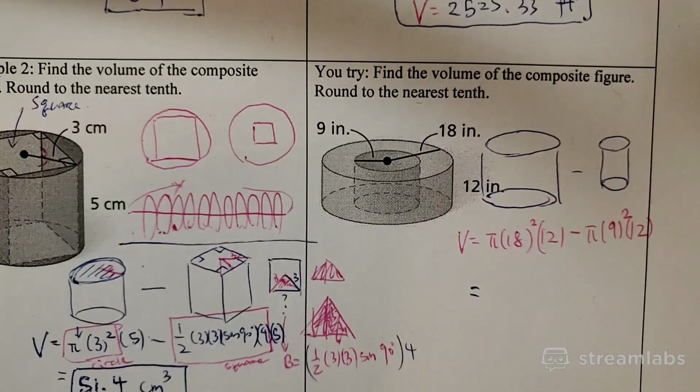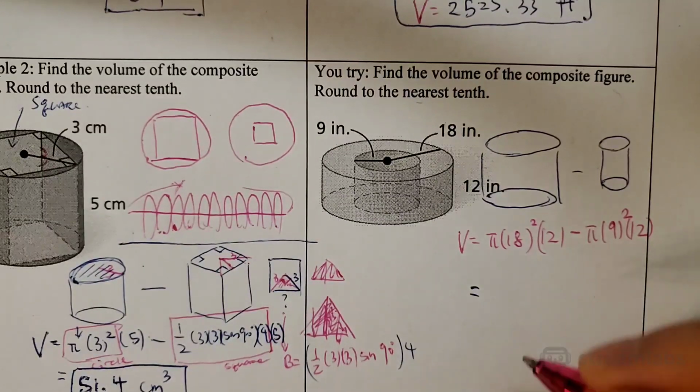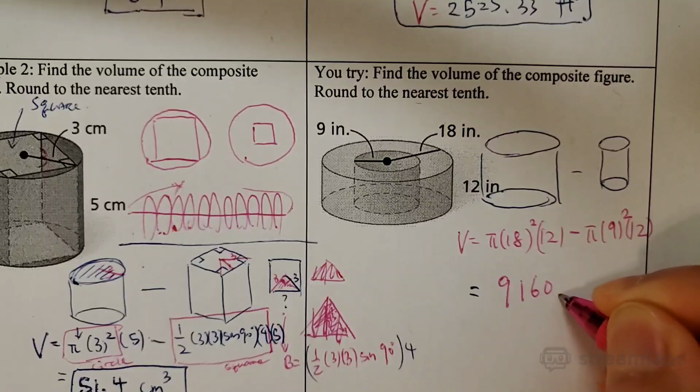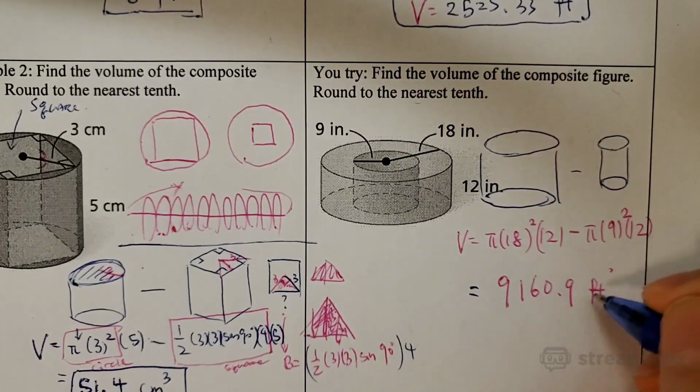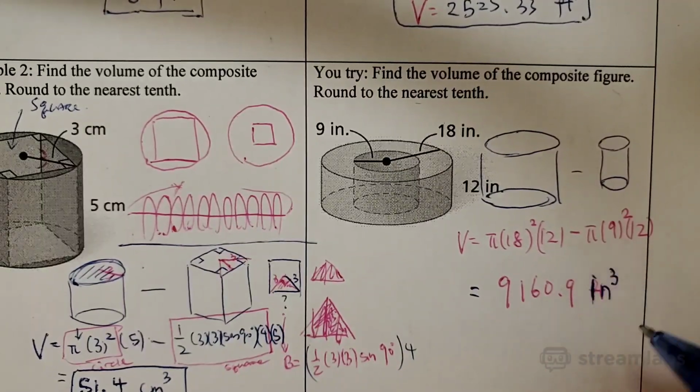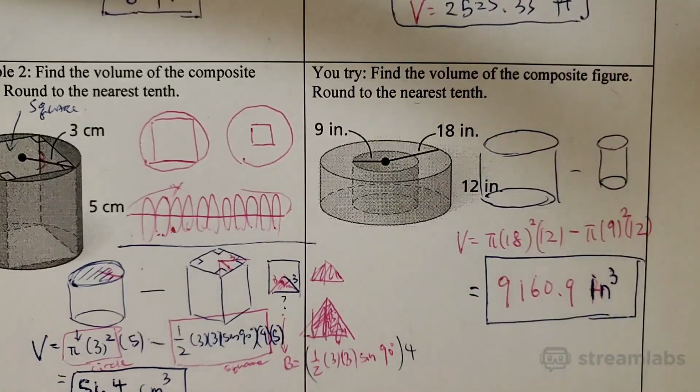What do you get? 160.9 inches cubed. Remember to put cubed, okay? That's three-dimensional volume, right?